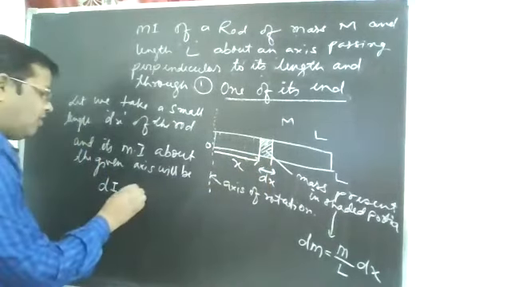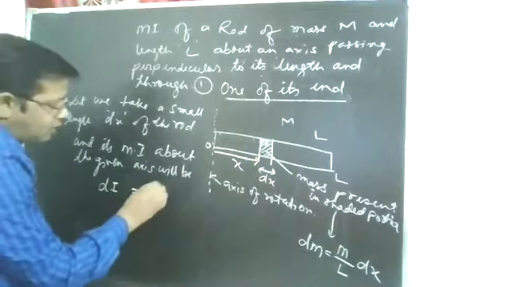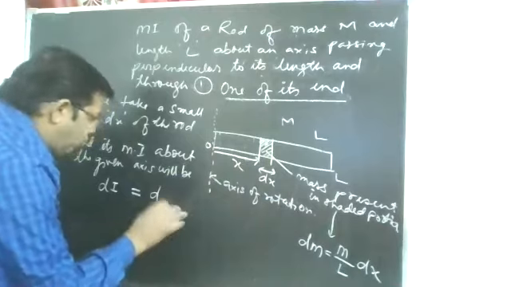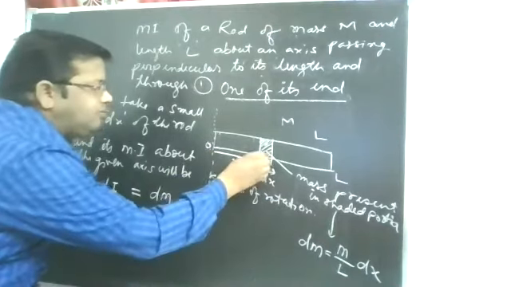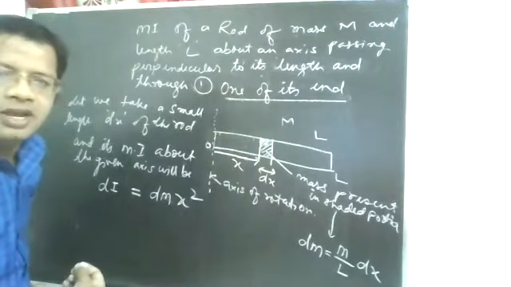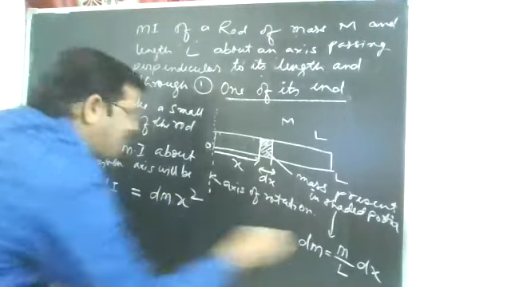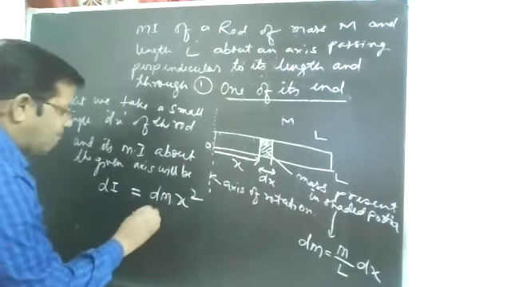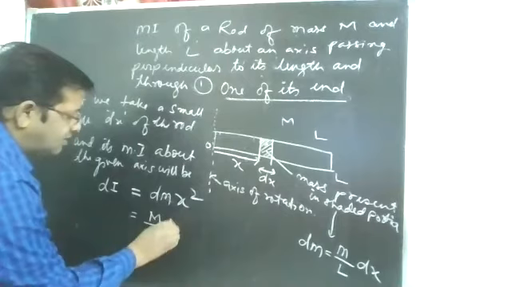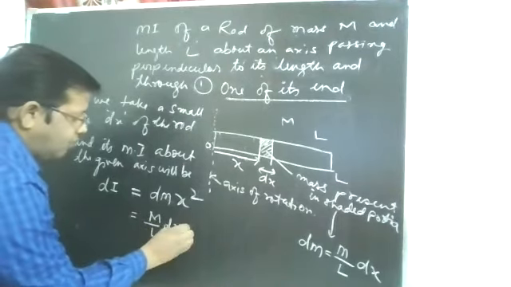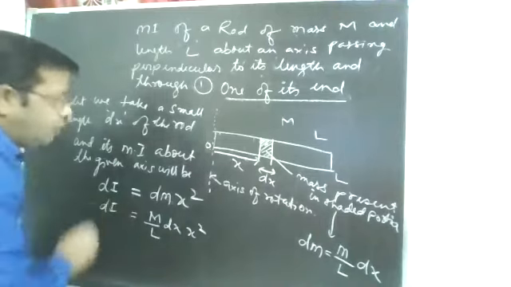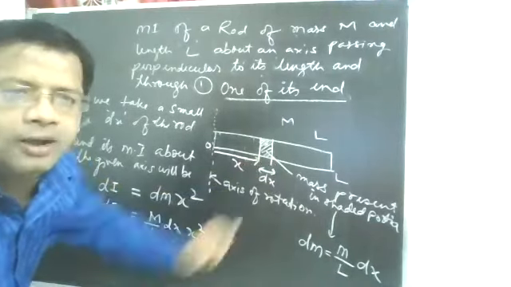So dI equals the mass of this portion, dm, times the square of the perpendicular distance from the axis of rotation, x. In place of dm we can write M by L into dx. So dI equals dm into x square. This is the moment of inertia due to a very small portion of the rod.